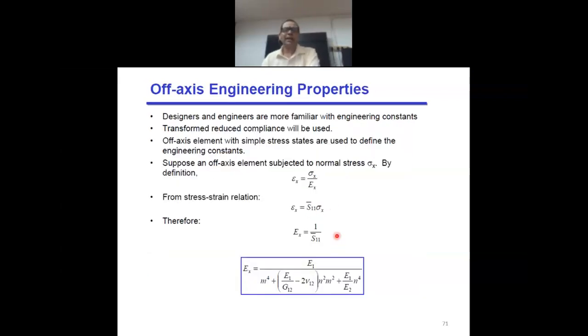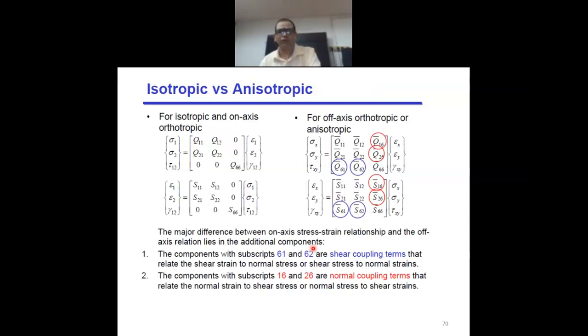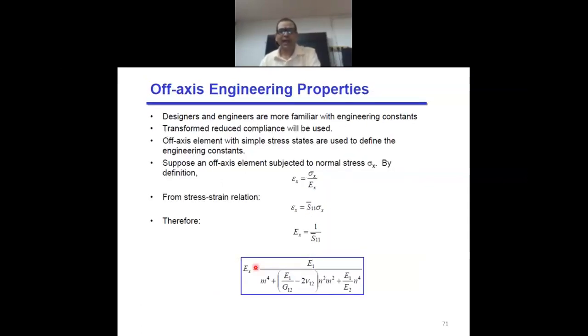In similar fashion, if we use this, we could find the Young's modulus in the x direction, where E1 is the Young's modulus in direction 1 and Ex is the Young's modulus in direction x. If direction x and direction 1 are the same, that means theta is 0, then Ex equals E1.